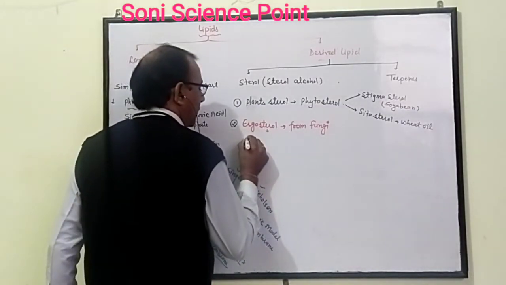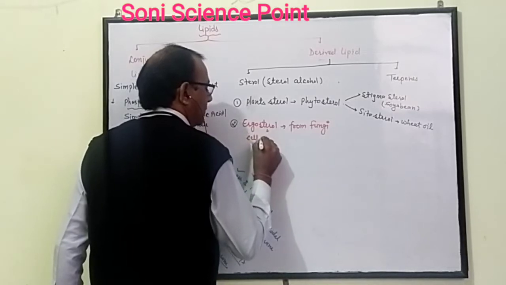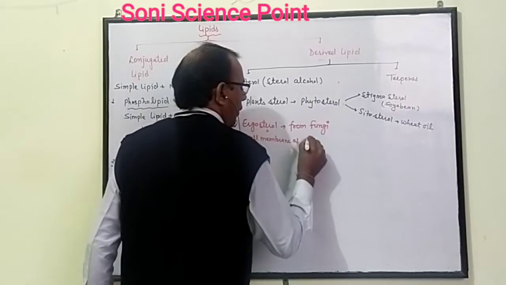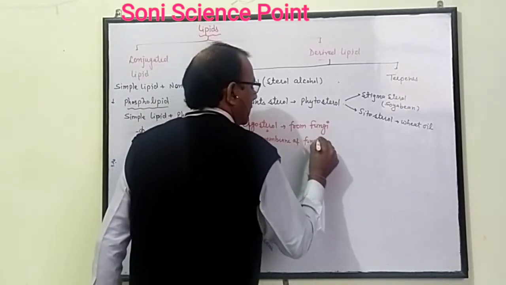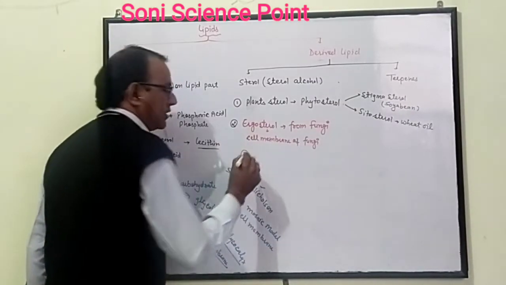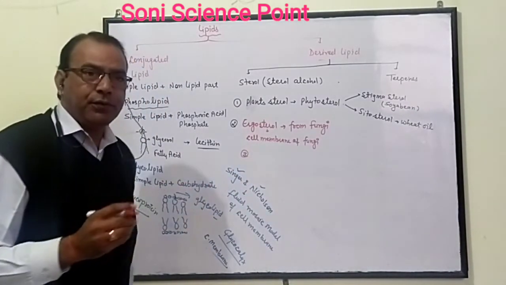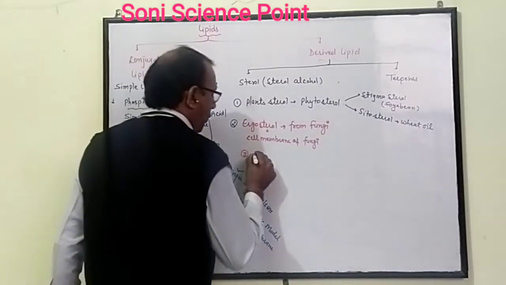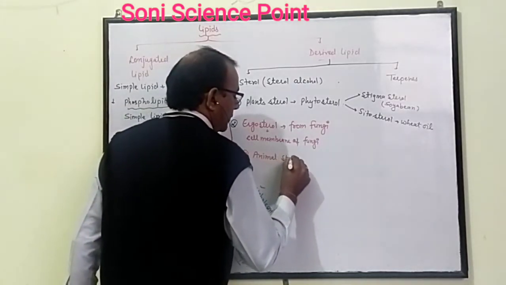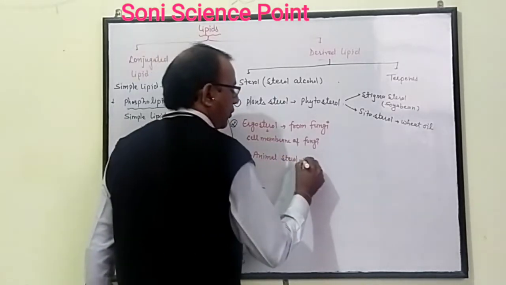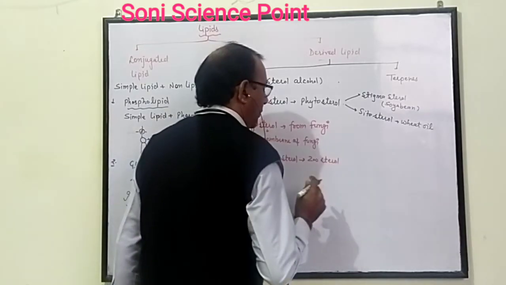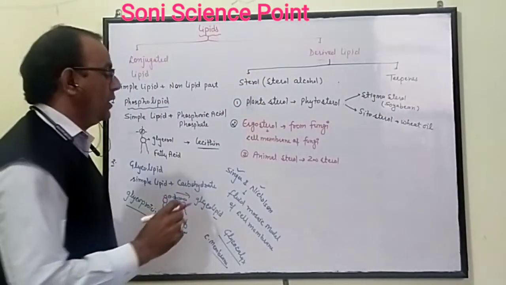It is found in the cell membrane of fungi. The next sterol is the one derived from animals. Animal sterol is also known as zoosterol, and the most important one is cholesterol.